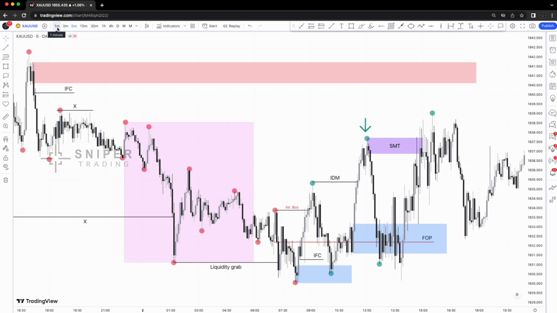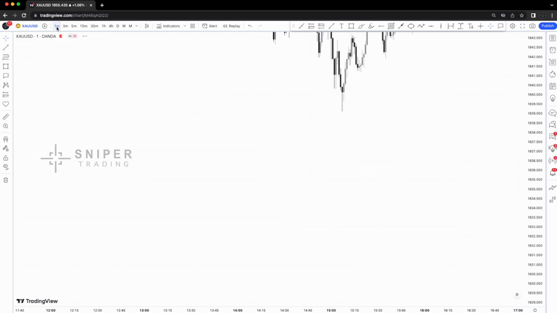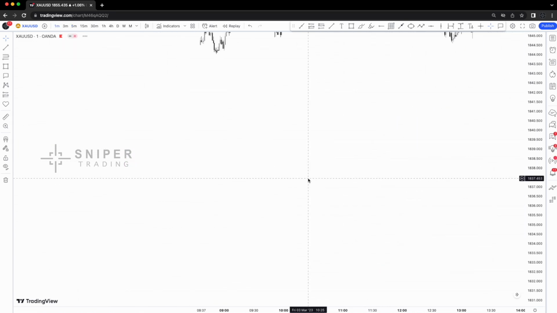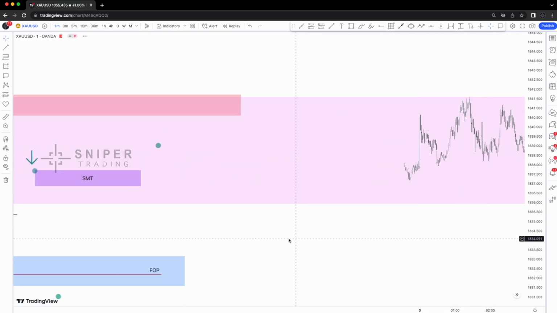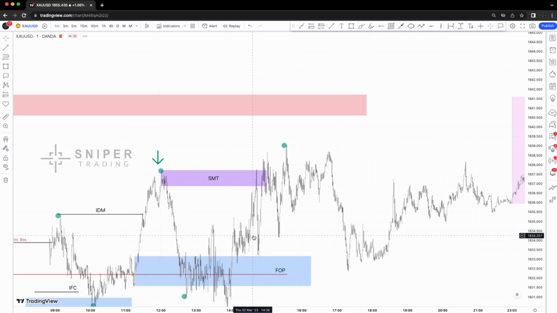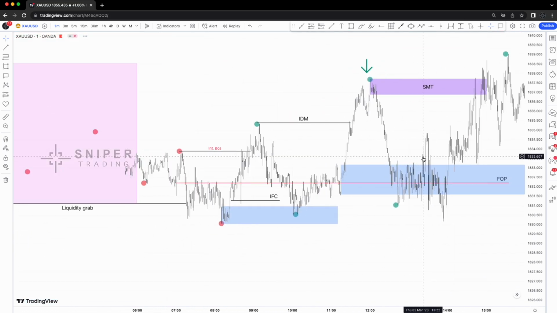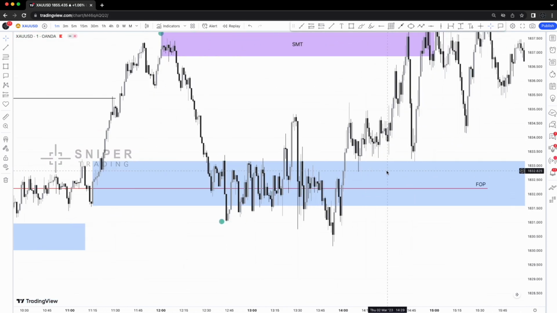Okay, now we are going to be moving onto lower time frames, which is in this case a 1 minute time frame. So we are working from higher time frames all the way down to lower time frames.